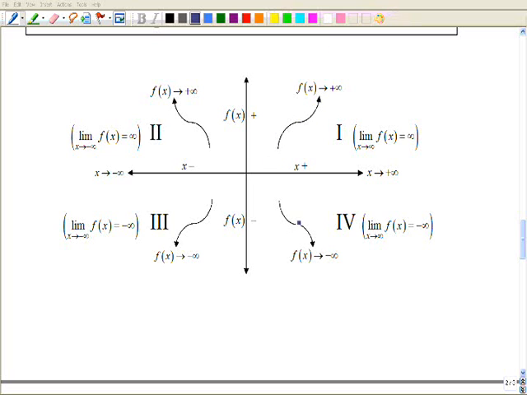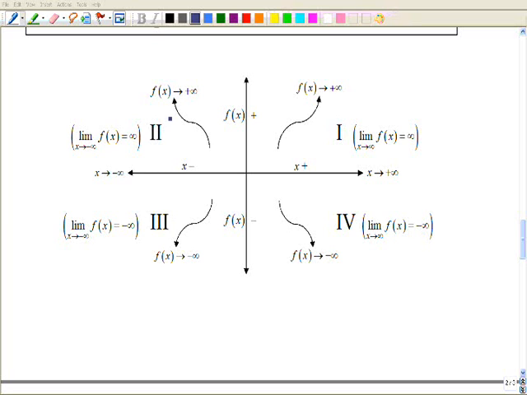Okay? If the right arrow is going down, then the limit of your function as x approaches positive infinity is going to be negative infinity, meaning as x is getting bigger and bigger, the y values are getting smaller and smaller forever. So the limit of that function as x is getting larger is going to be negative infinity.